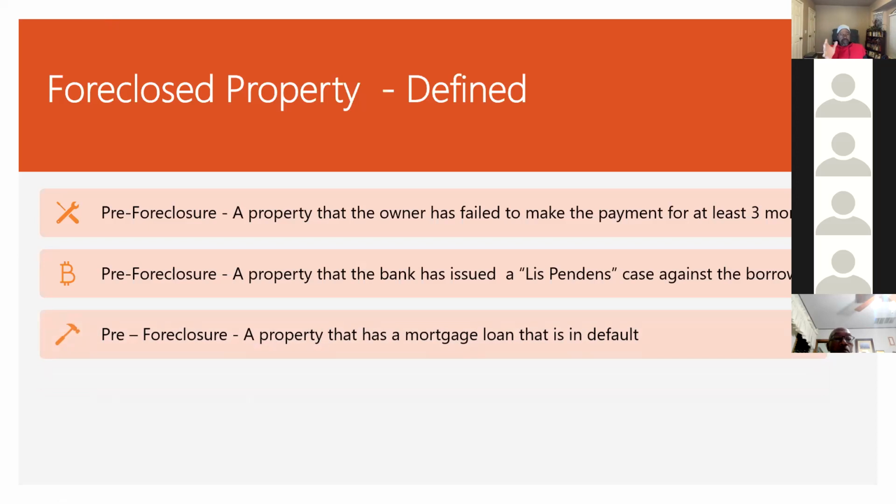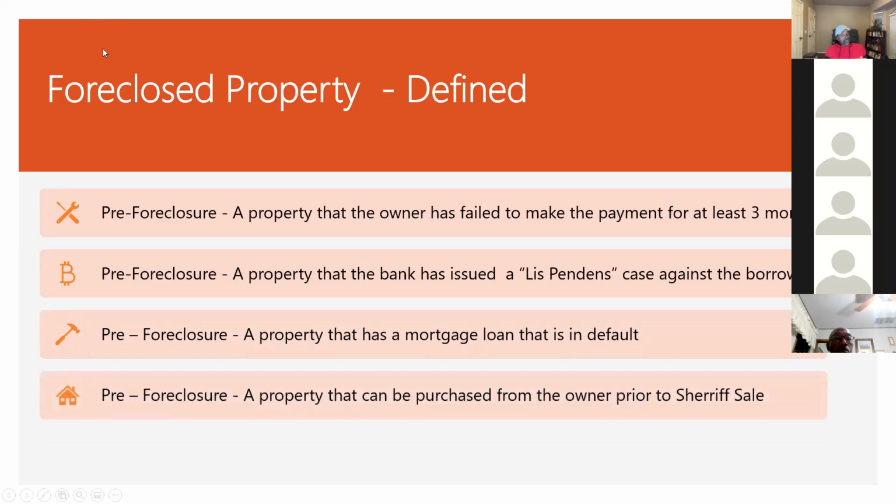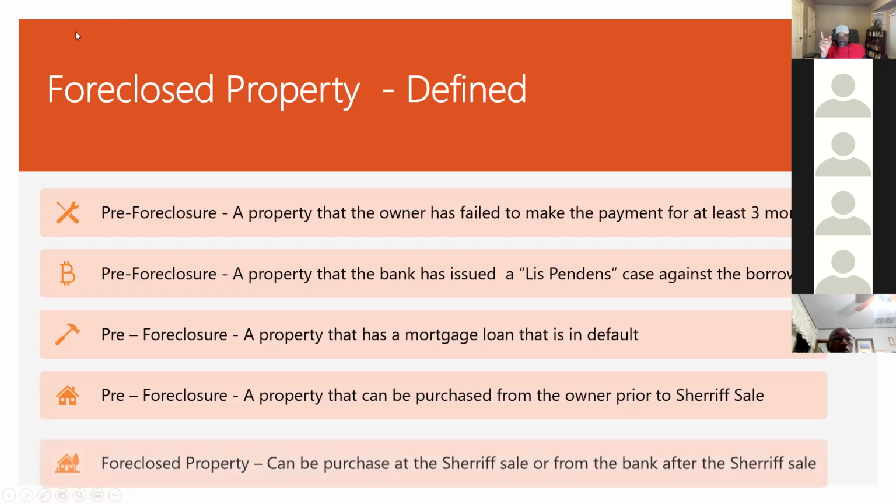A pre-foreclosed property is a property that has a mortgage loan that is in default, right? They haven't paid on this property. Pre-foreclosed is a property that can be purchased from the owner prior to the sheriff's sale. So you still have an opportunity to buy this property from the owner before it goes to the sheriff's sale.